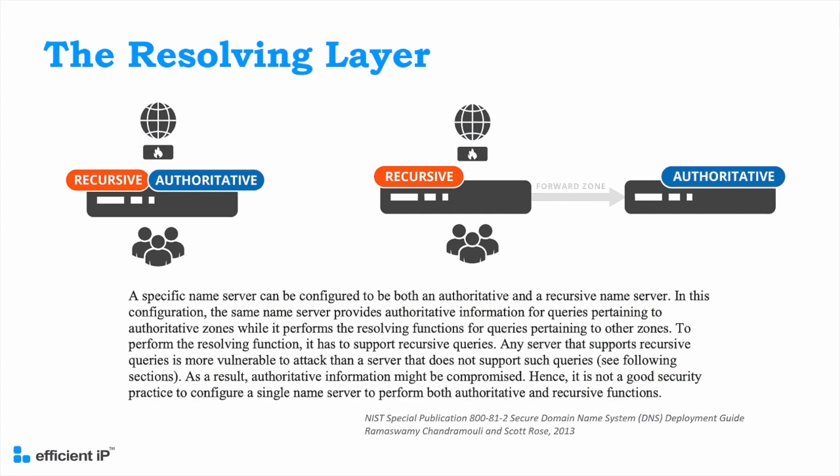In that NIST document, the big paragraph is section 3.2.2, and the very bottom line is that it is not a good security practice to configure a single name server to perform both authoritative and recursive functions.